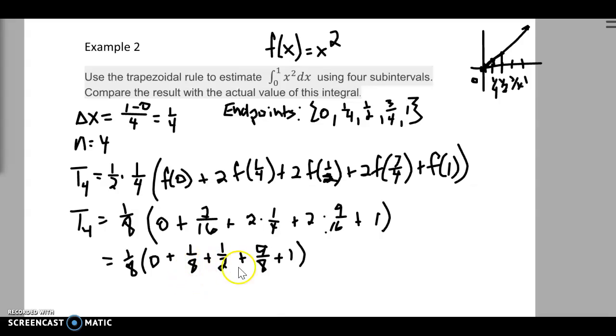So 10/8 plus 4, so 14/8. 22/8 times another 8. So that's going to give us 11/16.